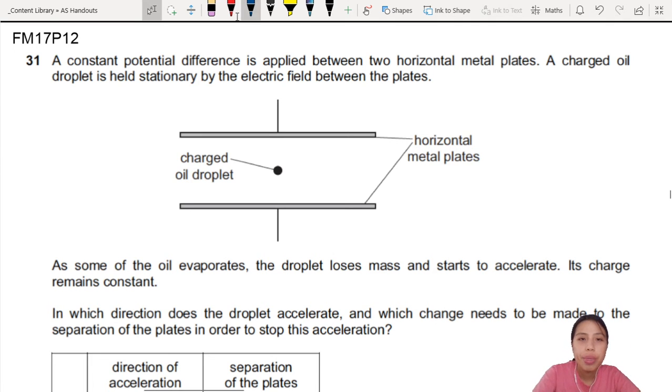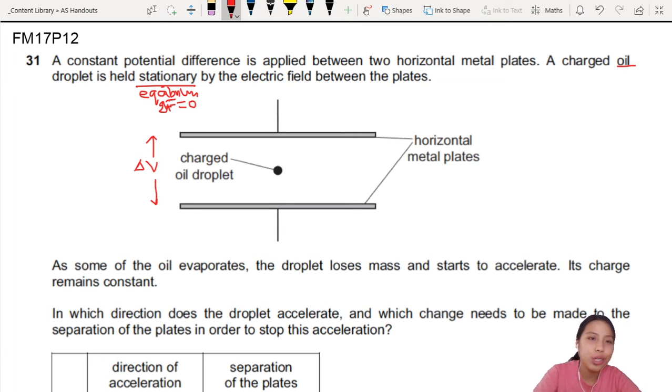So we know there's a change in potential here. A charged oil drop is held stationary. Whenever you see the keyword stationary, it's basically talking about equilibrium, or net force acting on this particle is 0.